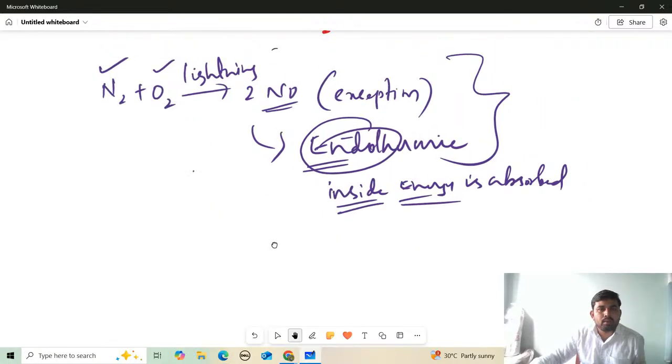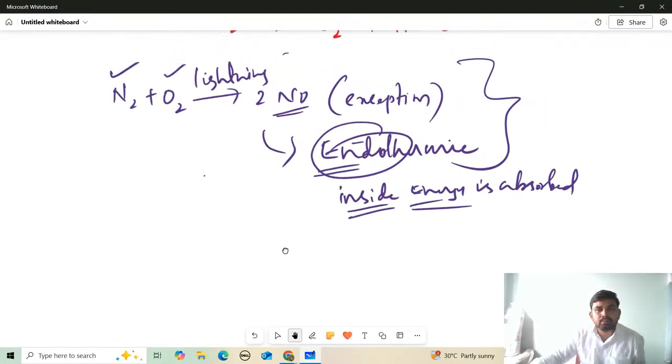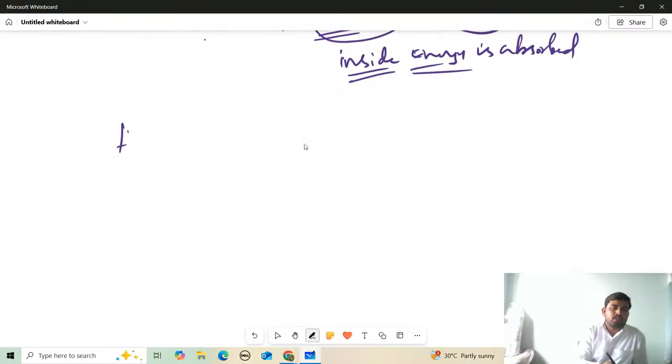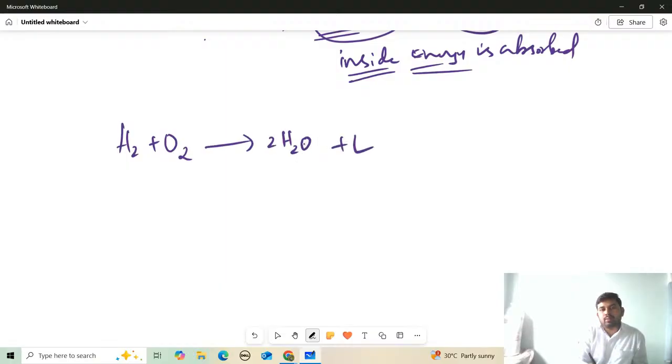Now some more examples of combination reactions. Hydrogen gas burns with oxygen to form water, and along with that energy is produced.